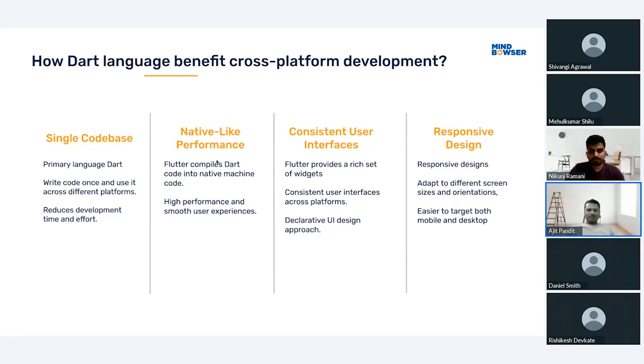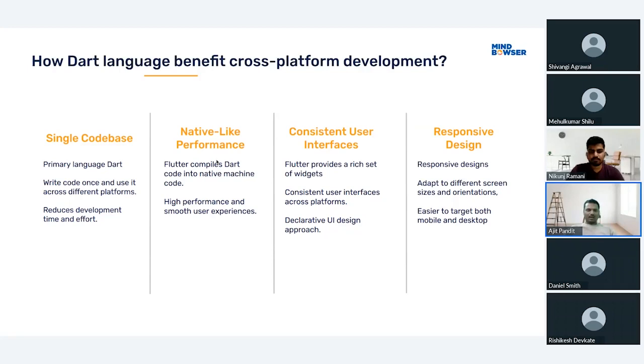Dart was first introduced by Google in 2011, and since gained popularity as the primary language for developing applications using the Flutter framework. Flutter is an open source UI toolkit for building natively compiled applications for mobile, web, and desktop from a single code base. Dart supports cross-platform development primarily through its association with the Flutter framework.